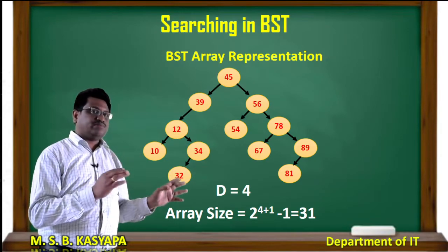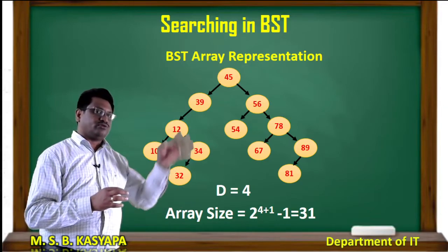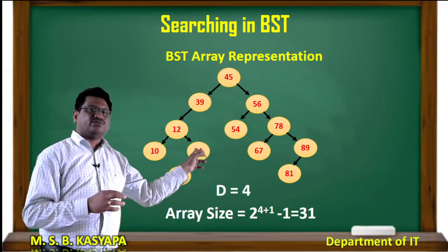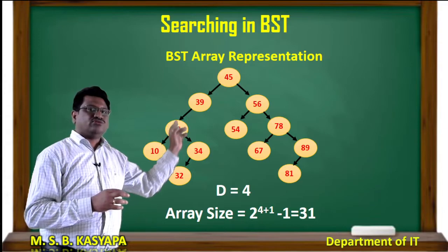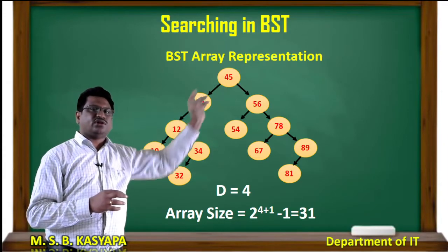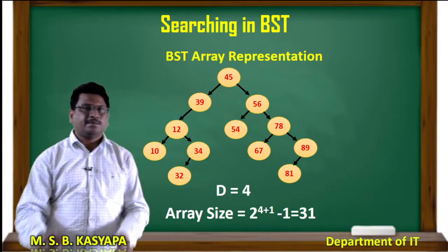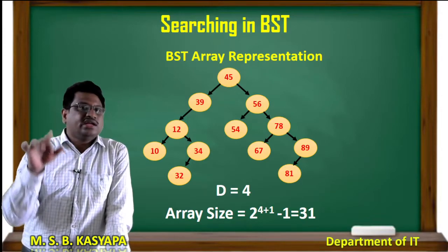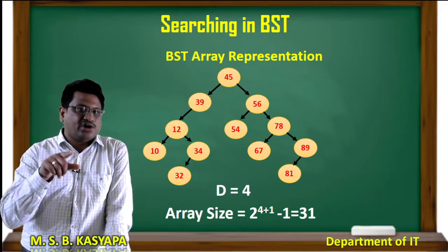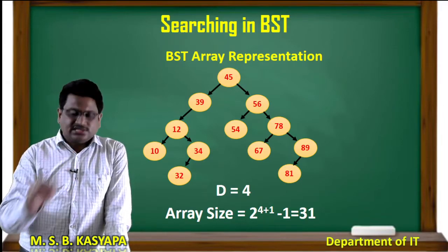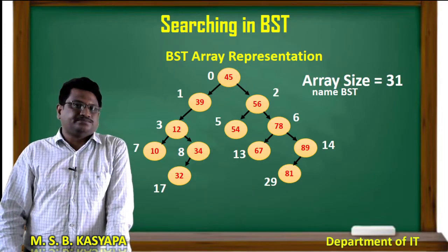Depth means I have to calculate from bottom to top. 32 to 34, 1; 34 to 12, 2; 12 to 39, 3; 39 to 45, 4. So, the depth is 4, which means 2 power (4 plus 1) minus 1. The formula is 2 power (d plus 1) minus 1, am I right? So, the array size should be 31.